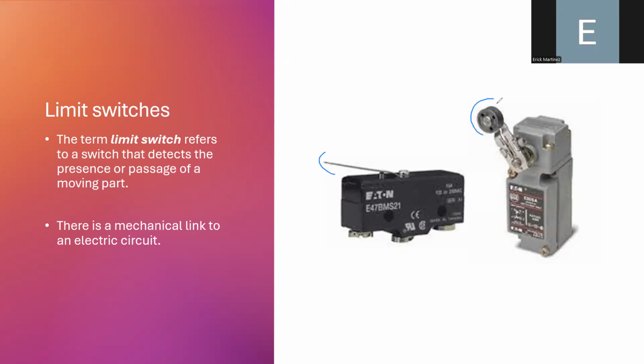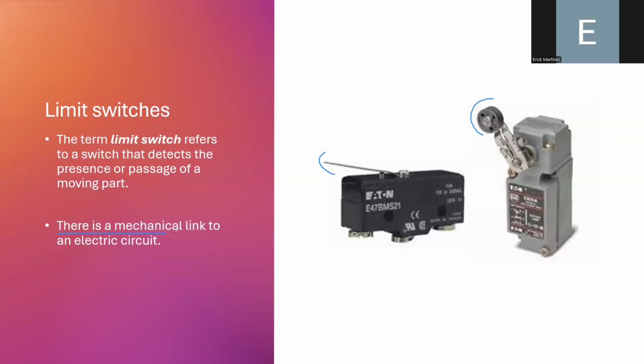This lever or roller is a mechanical actuation mechanism, and these devices are connected through an electrical circuit. So depending on how this lever or roller is moved, you can open or close a switch.